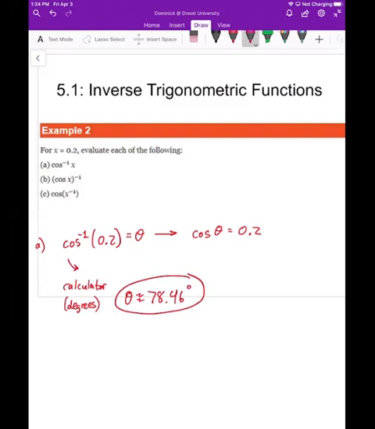Now, part B is asking for the cosine of x all to the -1, which means 1 over cosine of x, which in this case is, again, 0.2. All right, so now this is a completely different calculation. This is cosine of 0.2, and of course I need to do 1 divided by that. Then if I type that in, I'm going to get that this is 1.5006092, it looks like.